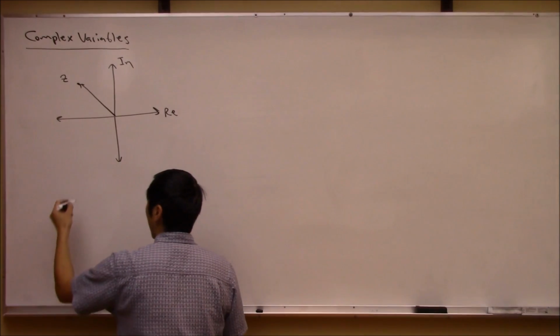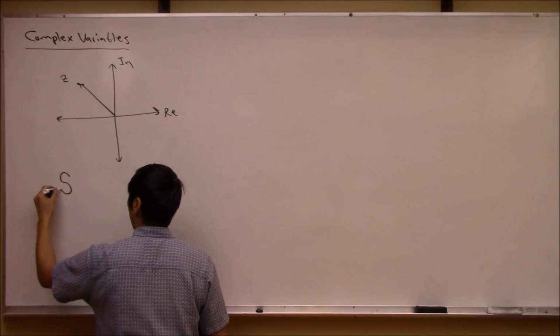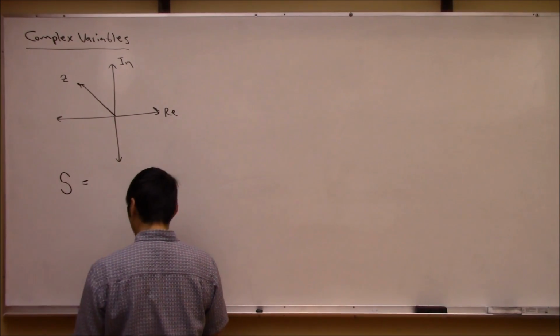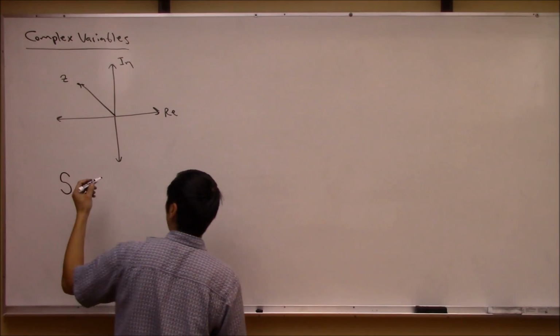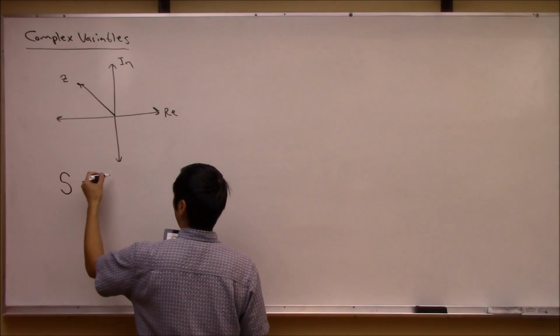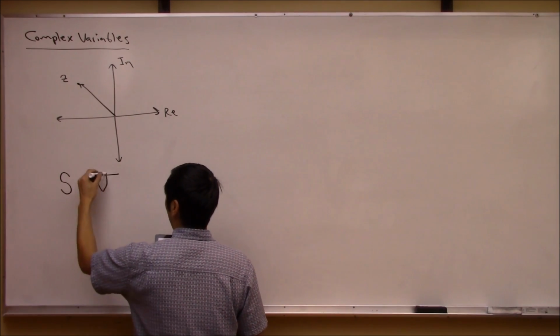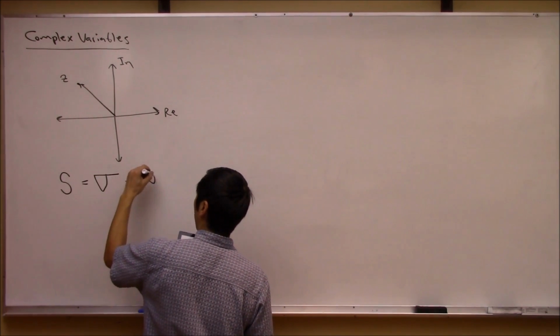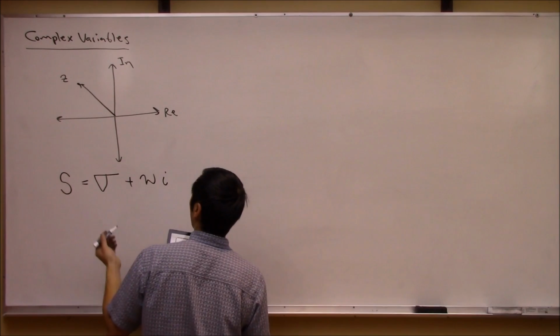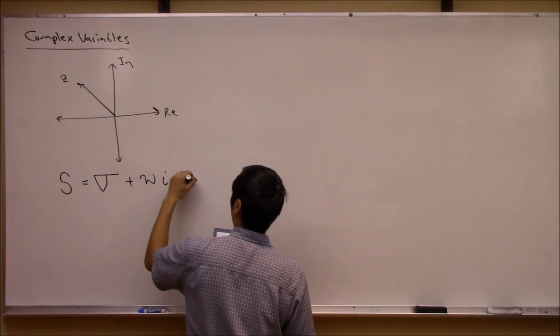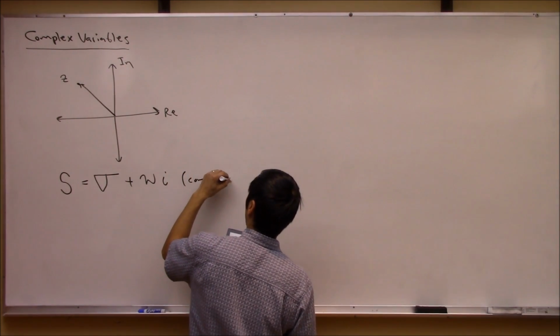To denote that, our typical notation is going to be s for a complex variable. This complex variable is going to have a real part, which could be changing. So instead of calling it just a static x, let's call it sigma plus omega i. So here is your complex variable.